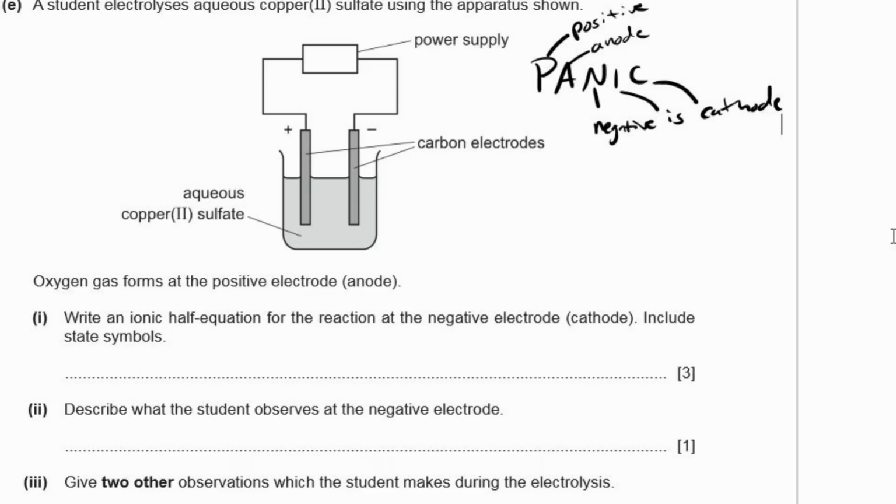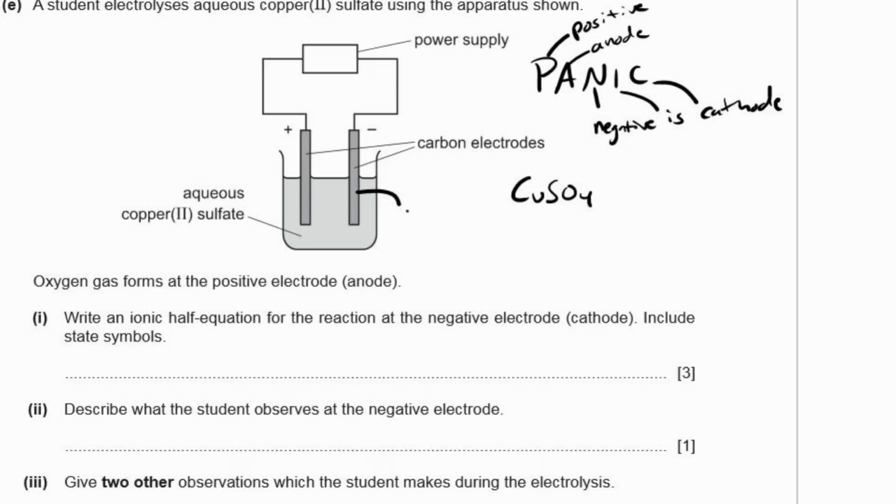Okay, so the ionic half equation. So it says the oxygen gas forms at the positive electrode. We have copper 2 sulfate, CuSO4. At the negative electrode, we're getting our aqueous copper turning into solid copper.